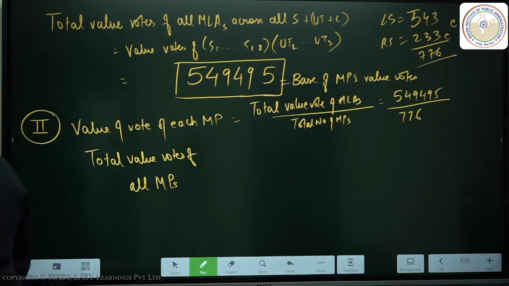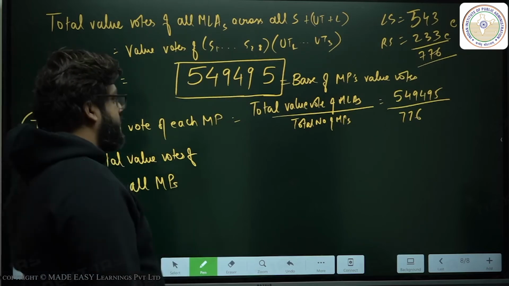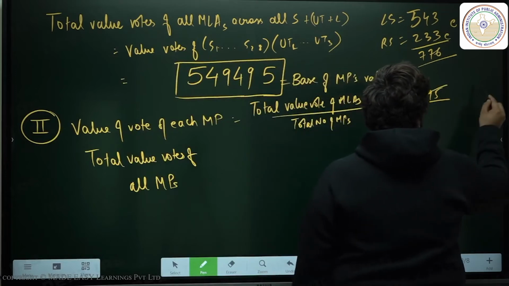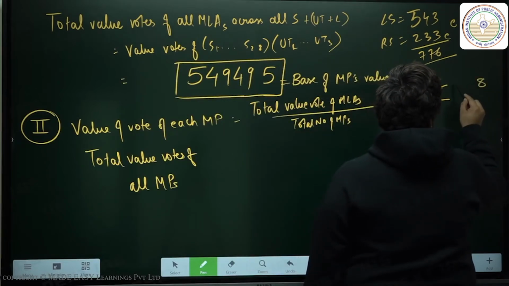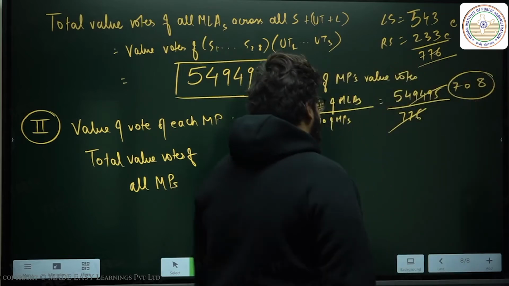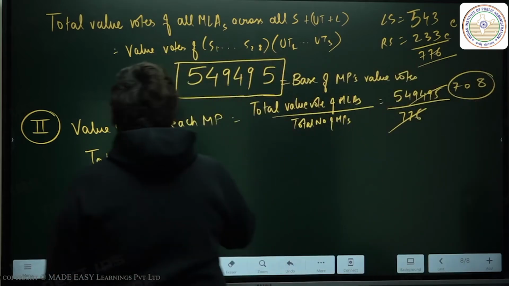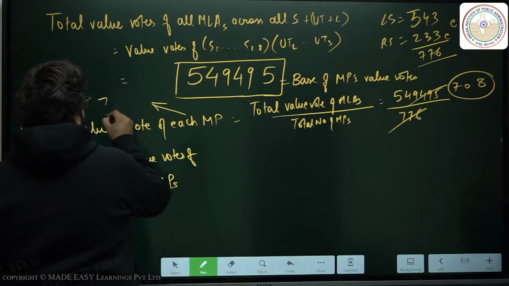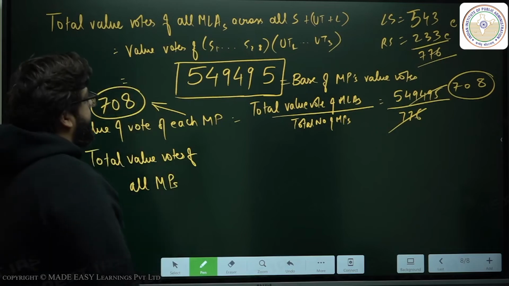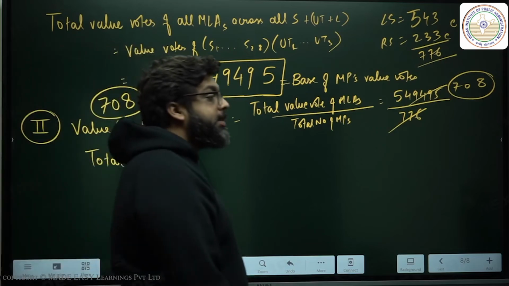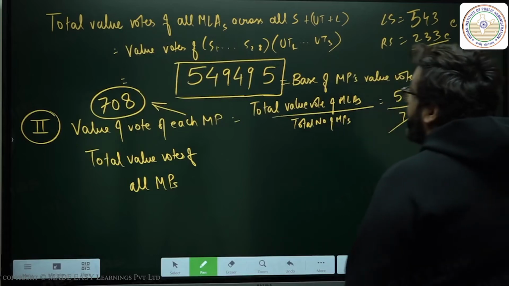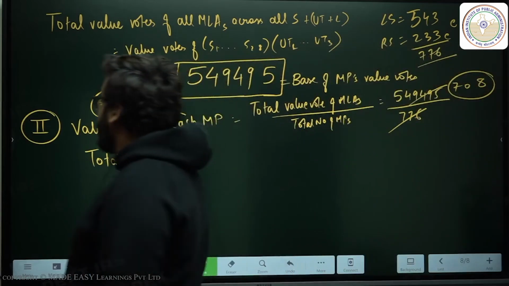Yes or no? So this is going to be, ये नंबर एक बार चेक कर लेना, should be 708, which means each MP's vote is counted 708 times.